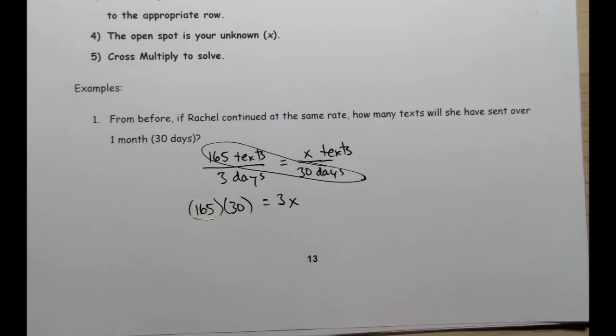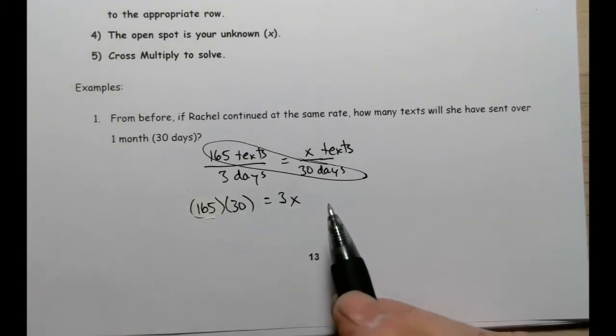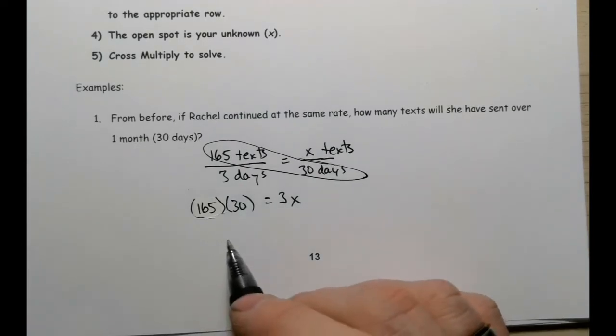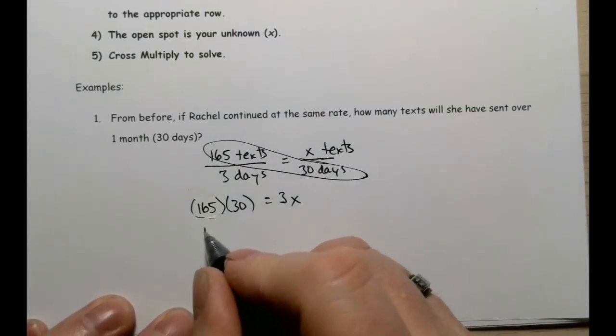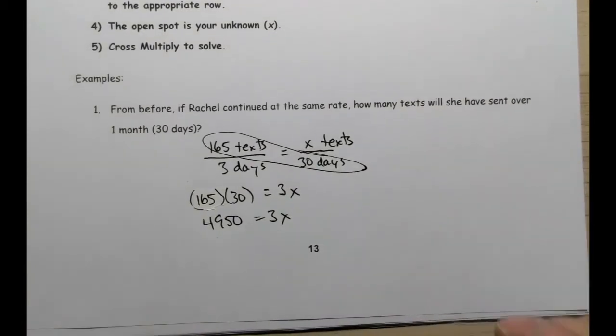Now, 165 multiplied by 30 is 4,950, and that's going to equal 3X here. To get the X by itself, I need to divide both sides by that 3.